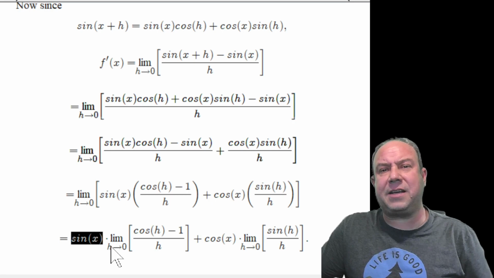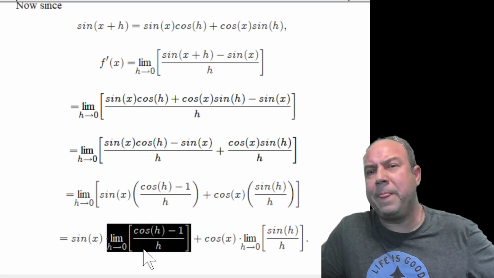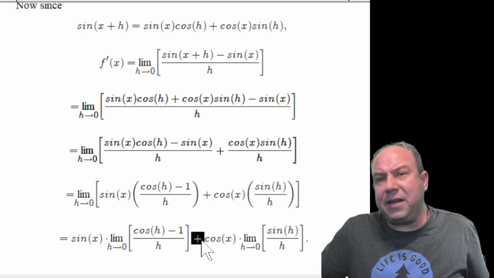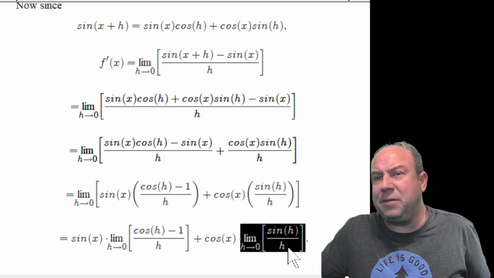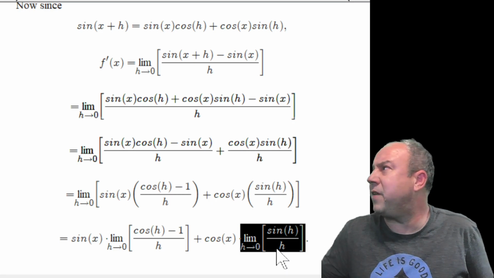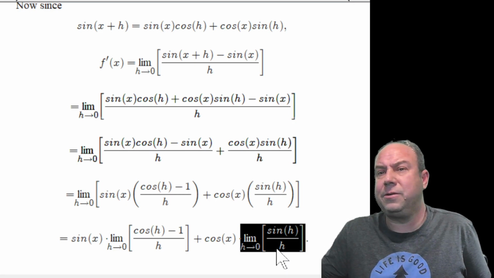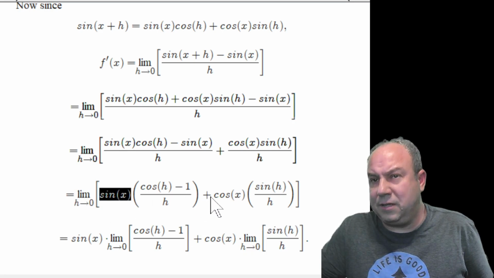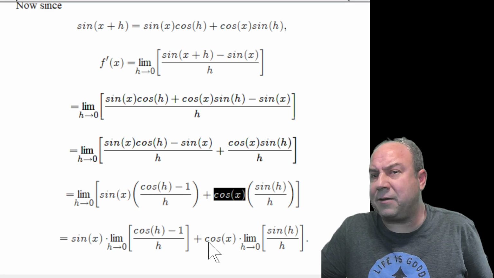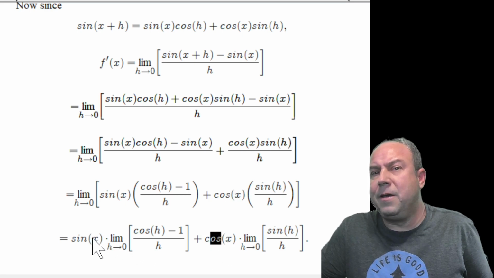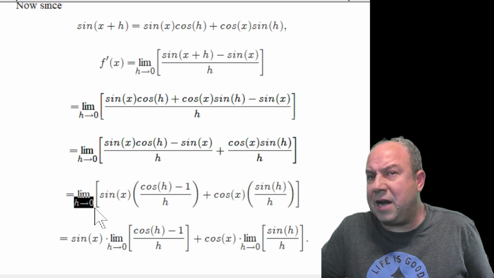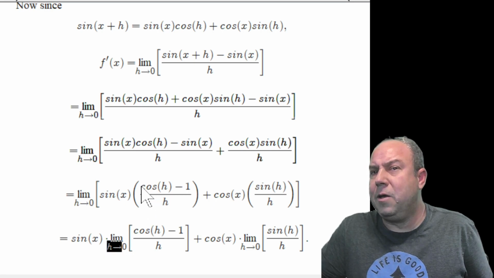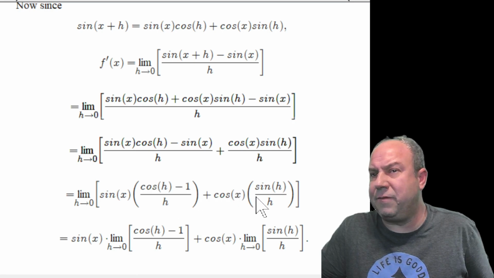We have the sine x times the limit as h heads to 0 for the cosine of h minus 1, and we're adding to that the cosine of x times the limit as h heads to 0 for the sine of h divided by h. With the sine x being factored out of this first limit statement and the cosine of x being factored out of the second. And we can factor them out because they do not involve the variable of h in their calculation. Only these second groups involve the value of h.